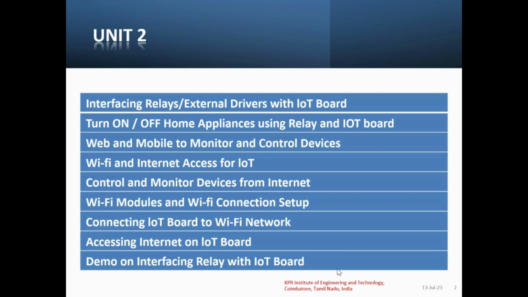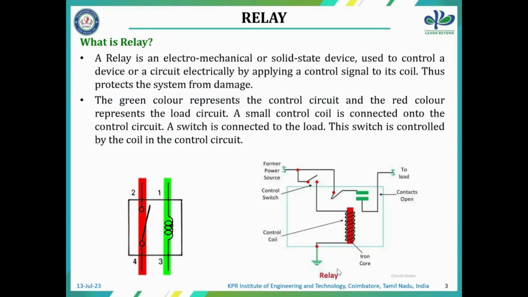The first one is about the interfacing of relays. Before interfacing, we must know how a relay works and what a relay is. It is a simple electromechanical component or solid state device that is used to control a device or circuit electrically by applying a control signal to the coil.